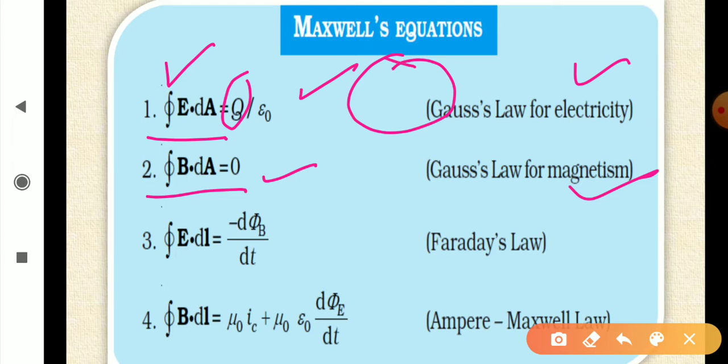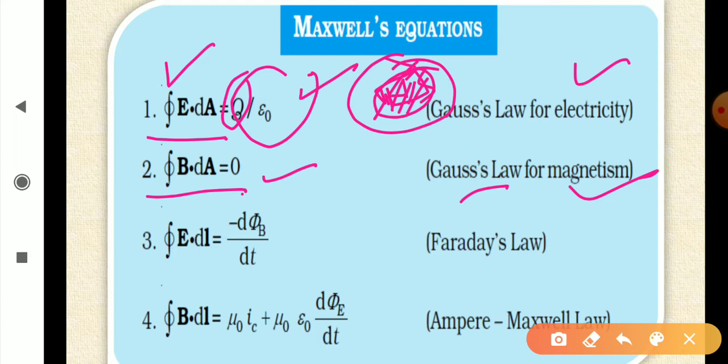But if we think of a magnetic dipole or a magnet, then a magnet will always have north pole and south pole, and magnetic monopoles do not exist. So net pole strength enclosed in any surface will always be 0. So from this relation only we can get B dot dA is equal to 0.